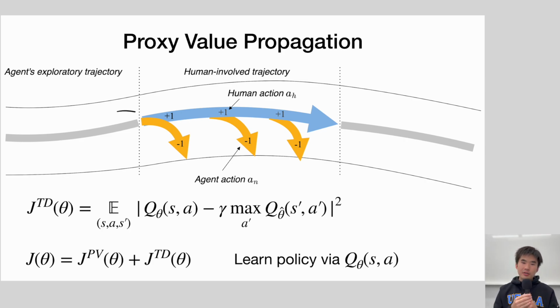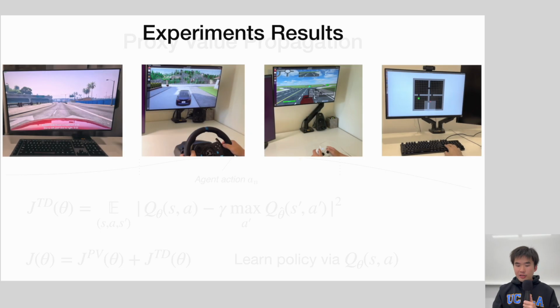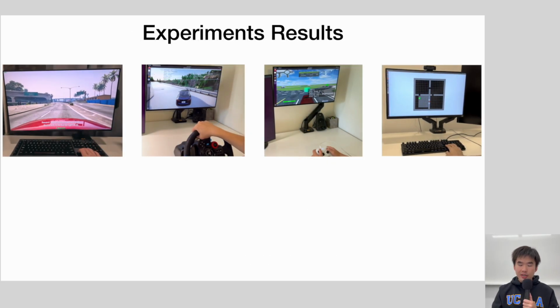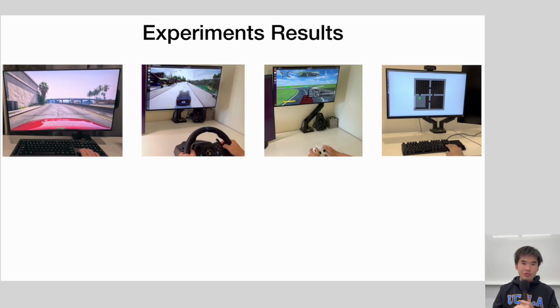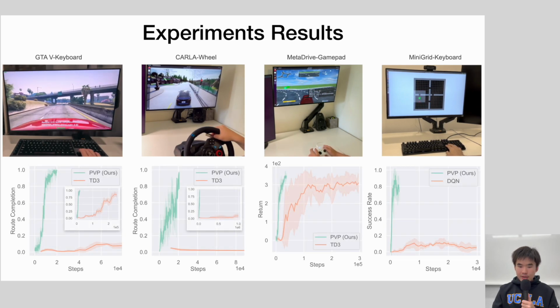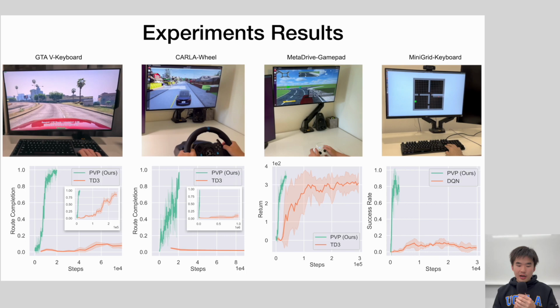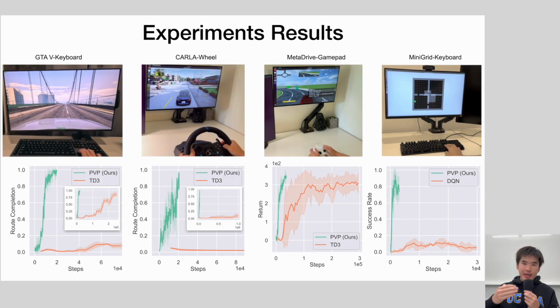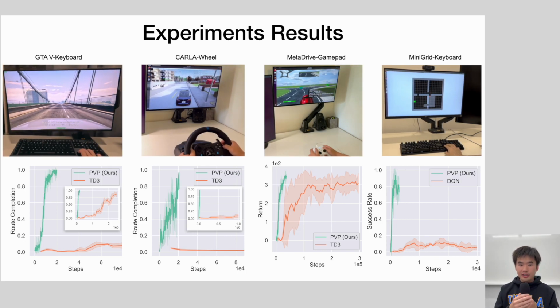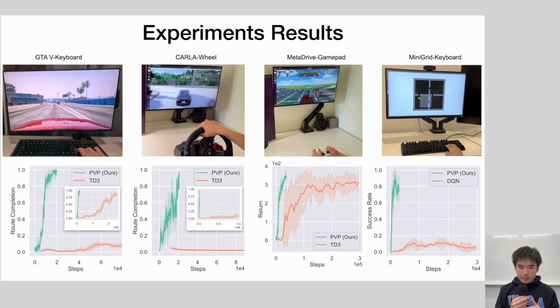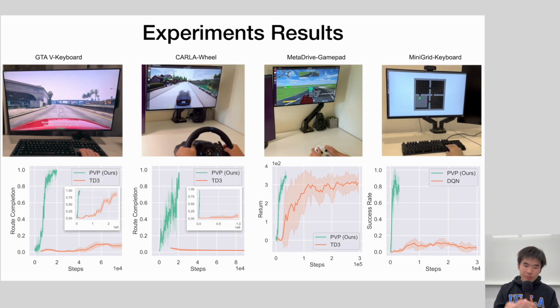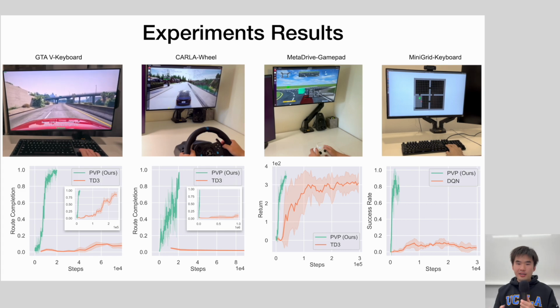Even though our method looks so concise, it can achieve superior performance in various tasks with various control devices. In these four environments, you can see that our method achieves more than 10 times improvement in training efficiency compared to the RL baseline. And we can use keyboard, steering wheel, and gamepad as the control devices.